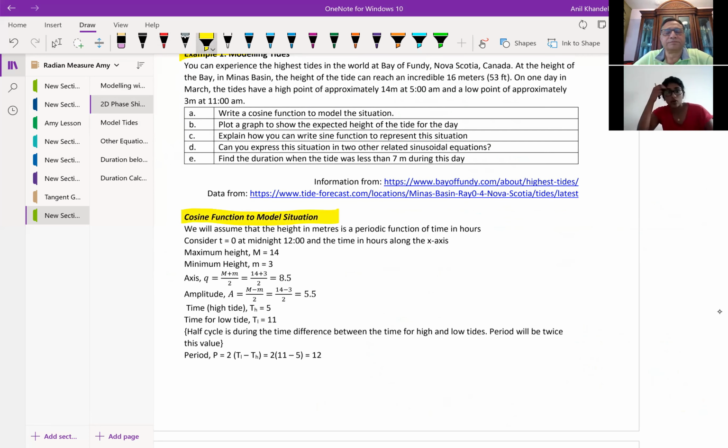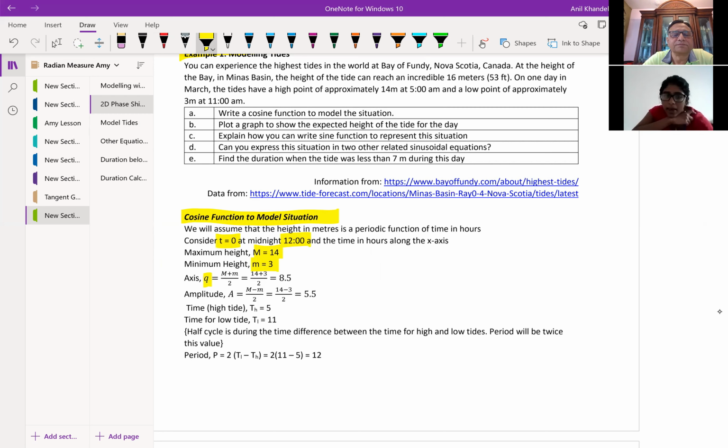We will assume that the height in meters is a periodic function of time in hours. Consider t equals 0 at midnight, 12 o'clock, with the time in hours along the x-axis. Maximum height, capital M, equals 14. Minimum height, small m, equals 3.